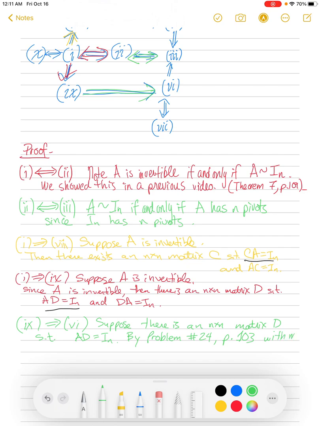By problem number 24, page 103, if you let M be equal to N, if you suppose that there's an n by n matrix D such that AD is the identity matrix with M equal to N, then it follows that.